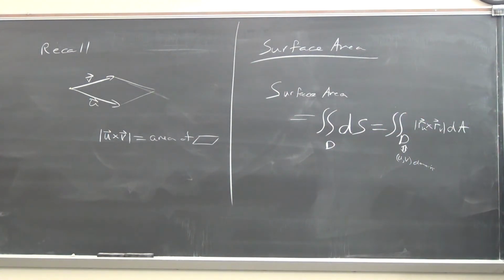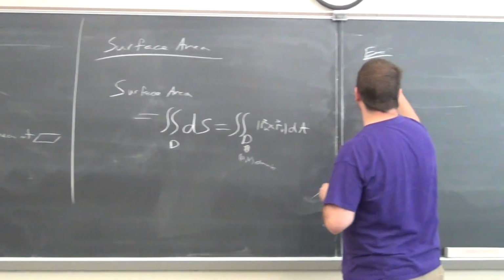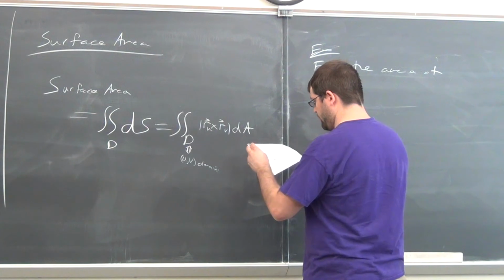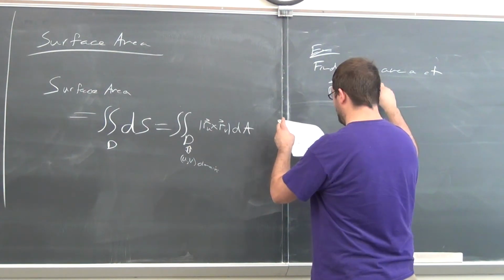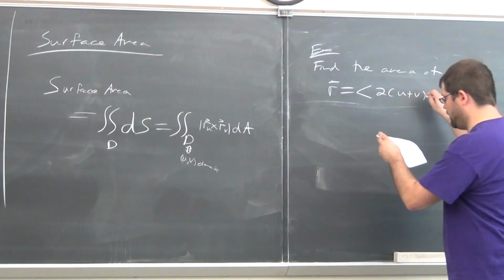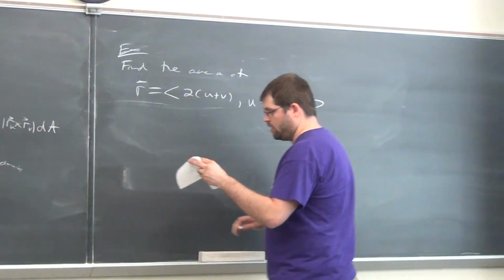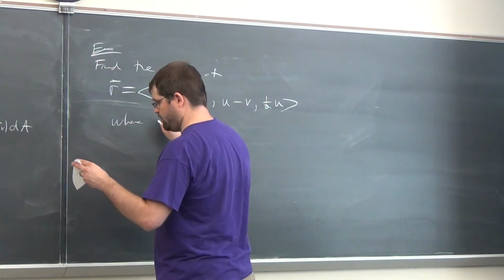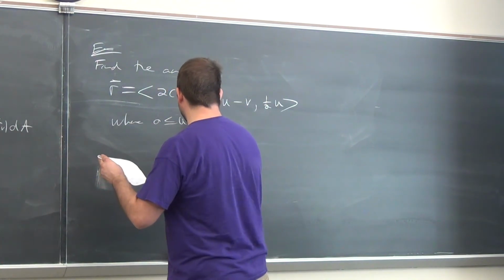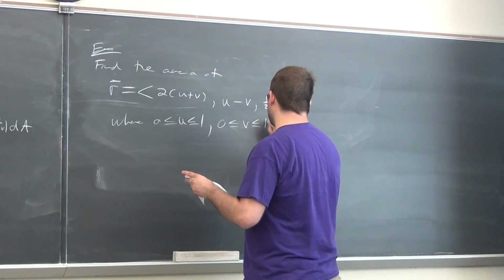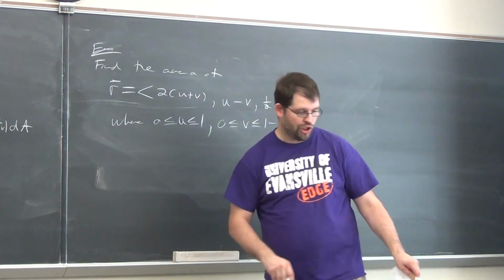So let's try just one example here. Find the area of r, we'll just do an easy one here, 2u plus v, comma, u minus v, comma, 1/2 u. Okay, so check the bounds.